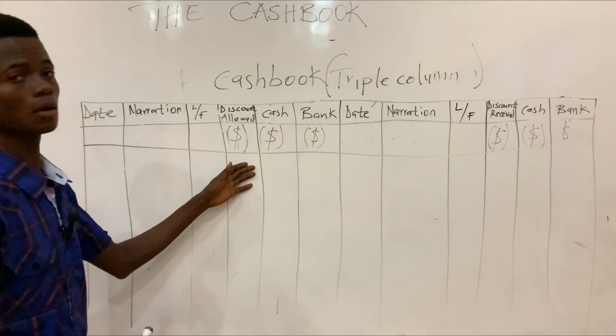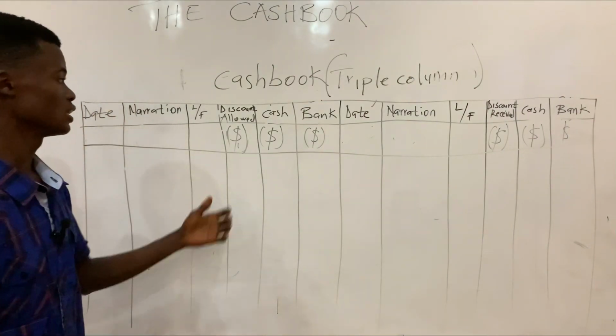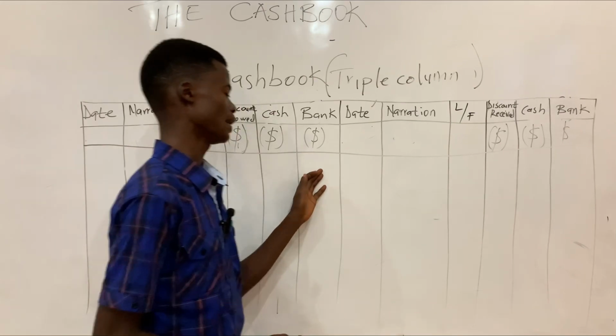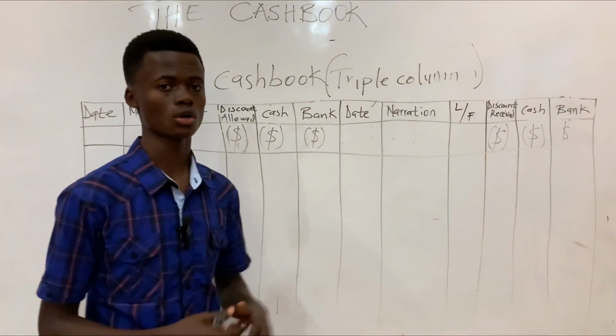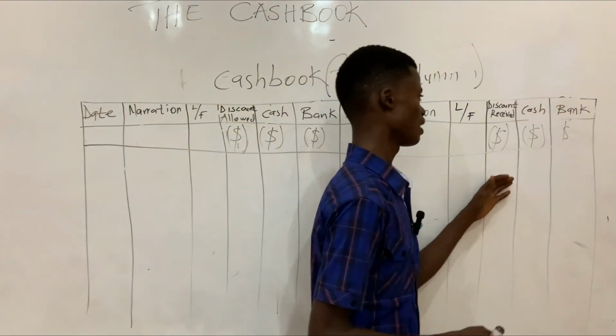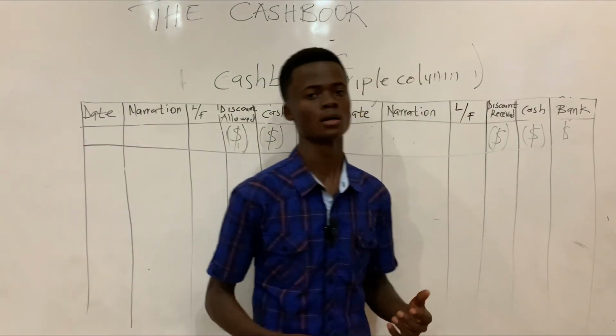This first column of the amount records all discounts allowed. The next one records all cash transactions, and the final column of the amount records all check or bank transactions. On the payment side too, we have discount received column, we have the cash column, and then the bank column.